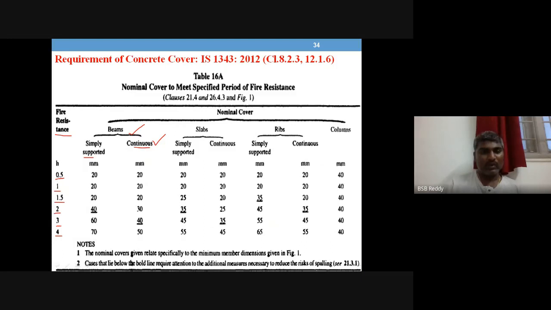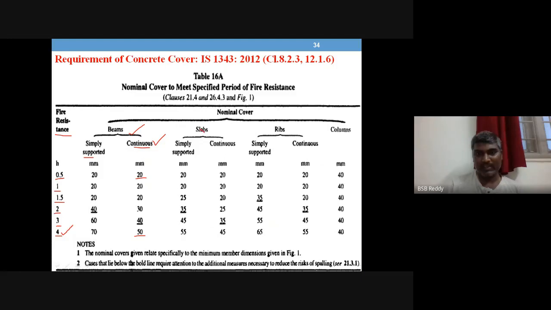If it is for half an hour fire resistance, you need 20 mm, and if it has to resist 4 hours, typically it is 50 mm. So this is the requirement for fire resistance.